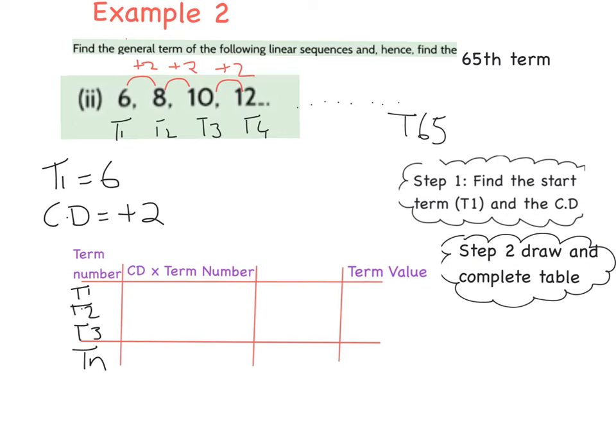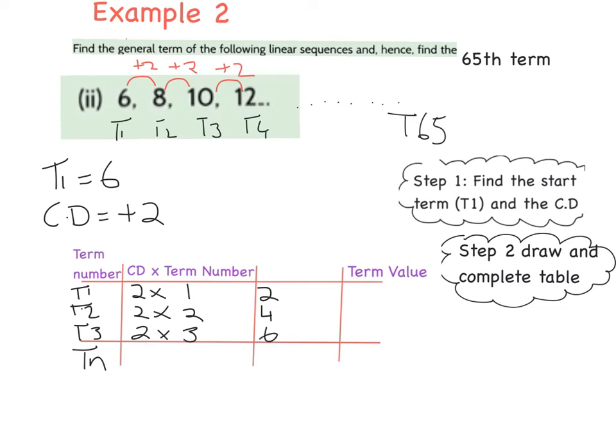The common difference is 2, so here it'll be 2 multiplied by term number, which in this case is 1. That gives me 2. The term number here is 2, so it's 2 multiplied by 2, which gives me 4. And the term number here is 3, so 2 multiplied by 3 gives me 6.